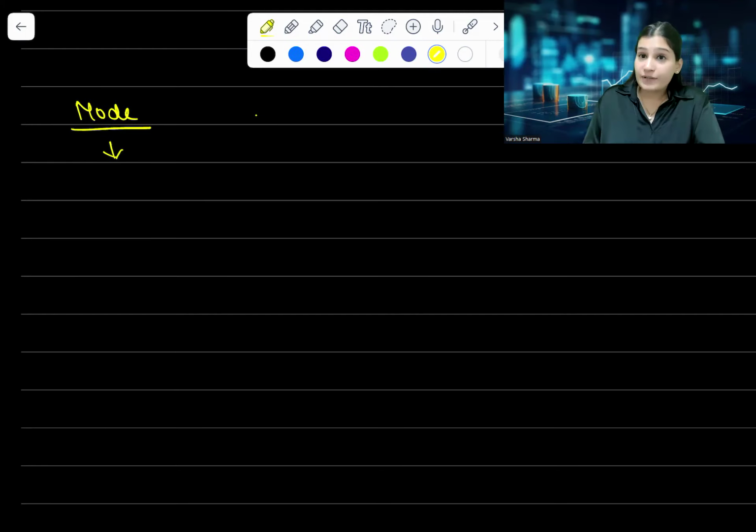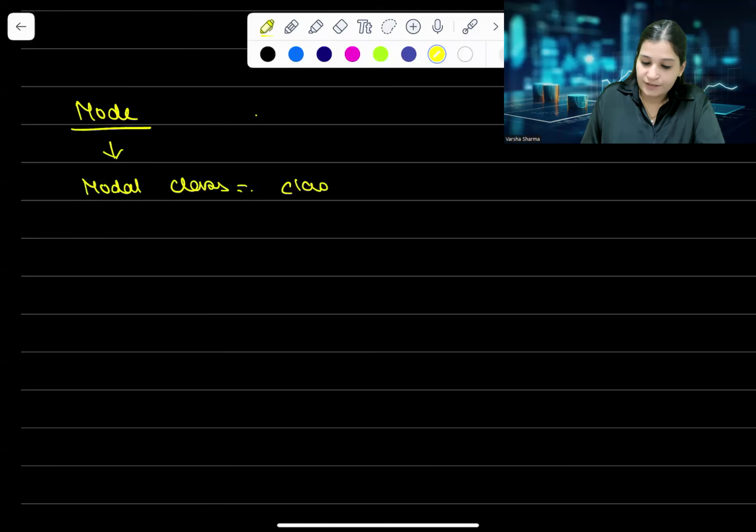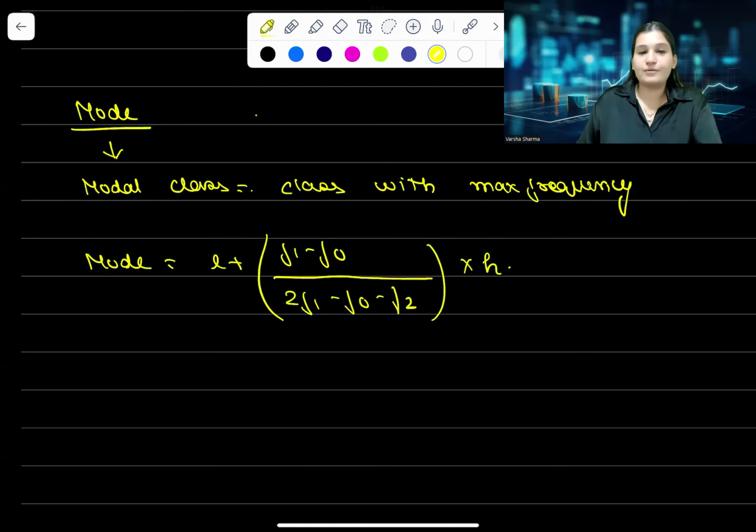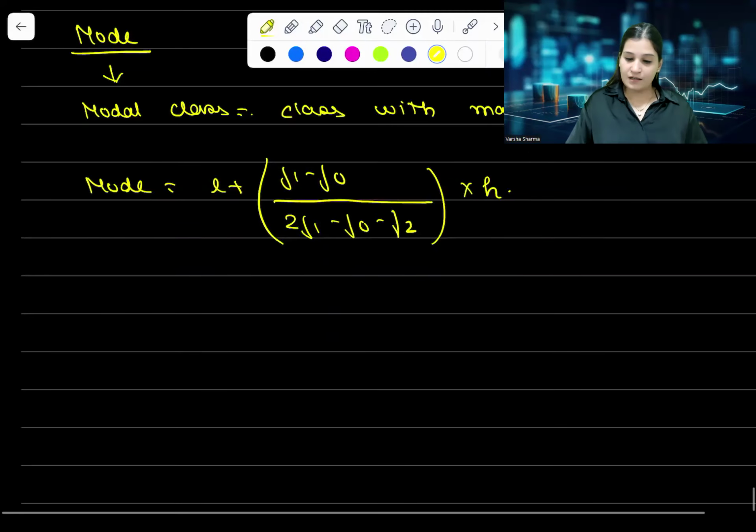But for a continuous interval, we first find out the modal class, the class with maximum frequency. And then mode will be L plus F1 minus F0 over 2F1 minus F0 minus F2 into H. Yes?